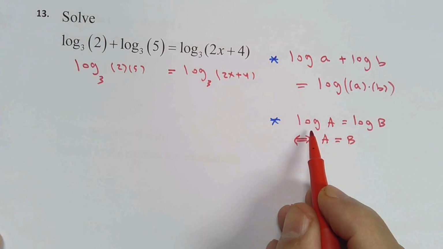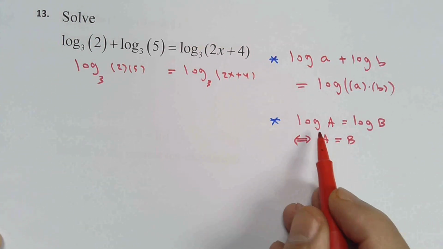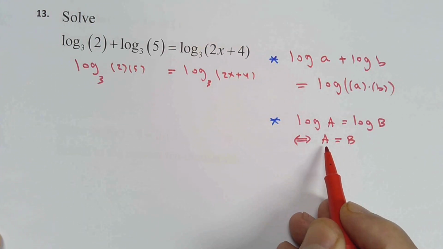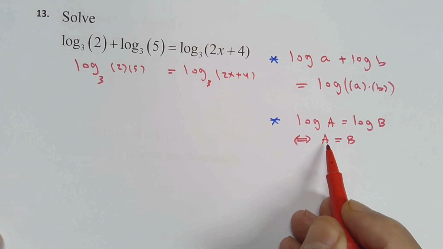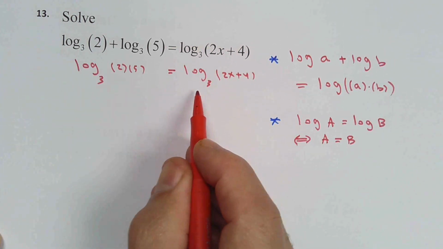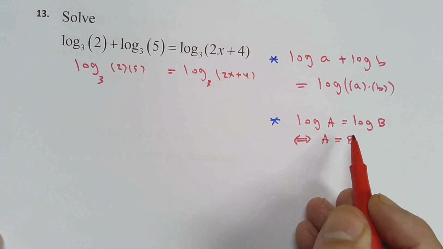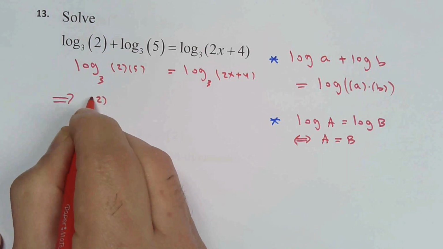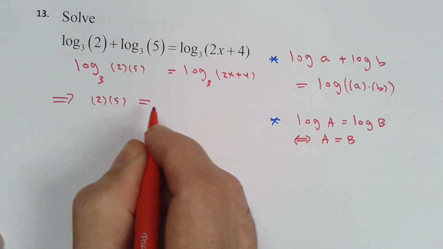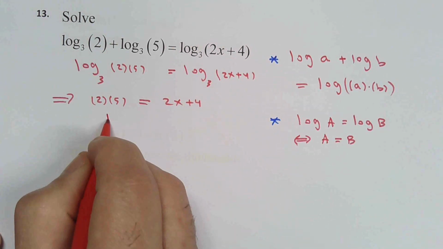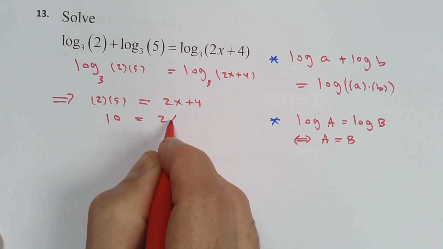So when log a equals log b, we could drop the logs since it's the same base and go to the arguments, which is a equals b. Log 3, same base. That's my a, that's my b in this case. That implies that 2 times 5 equals 2x plus 4. 10 equals 2x plus 4.